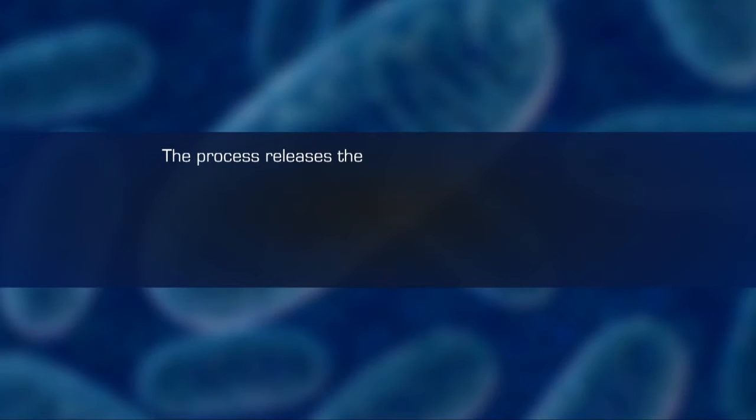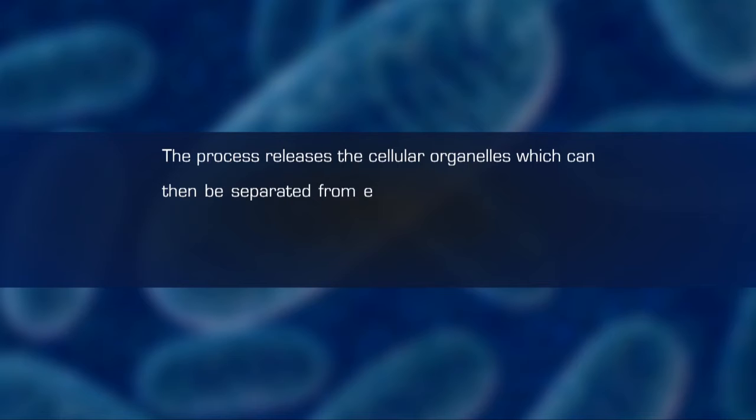Fractionation begins with homogenization, which involves the disruption of the cells by mechanical shearing, ultrasound, osmotic shock, or detergents such as SDS. The process releases the cellular organelles, which can then be separated from each other by centrifugation.